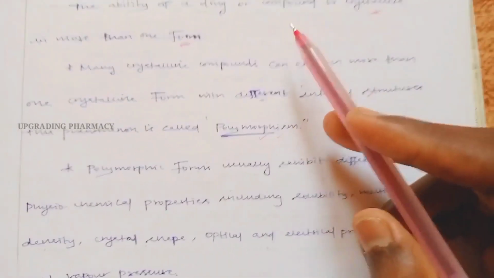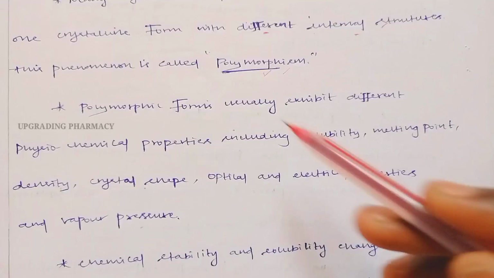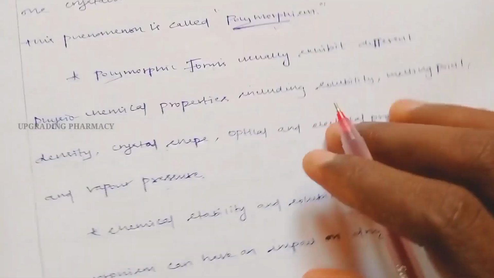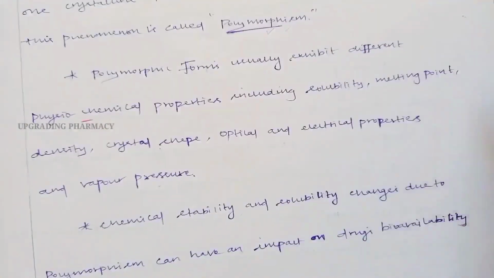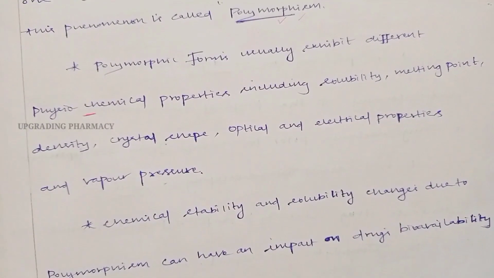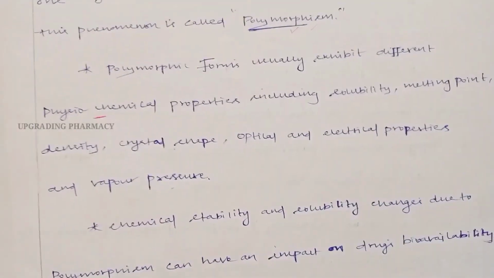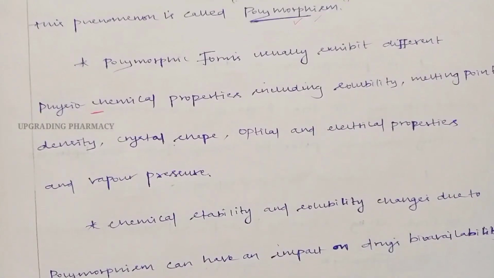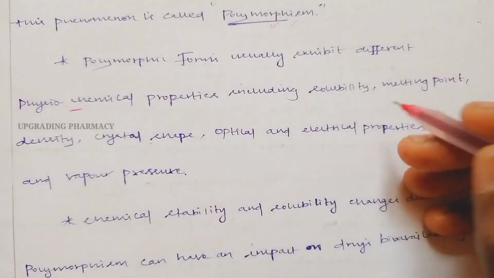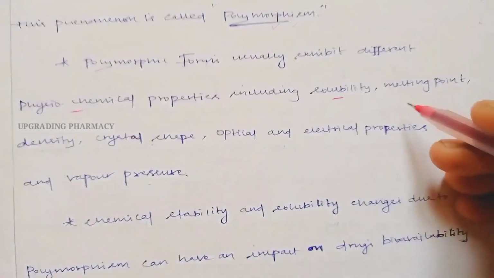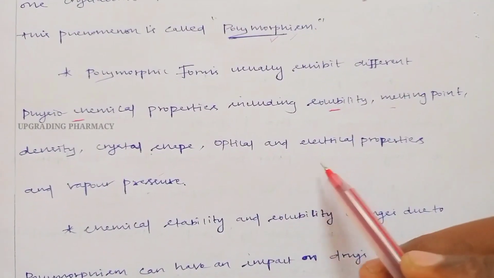So this state is called polymorphism, and the polymorphic forms usually exhibit different physicochemical properties. These different physicochemical properties are due to the differences in the arrangement of atoms in the molecular compound. When the molecules are arranged at different levels, it leads to differences in solubility, melting point, density, crystal shape, and optical and electrical properties.